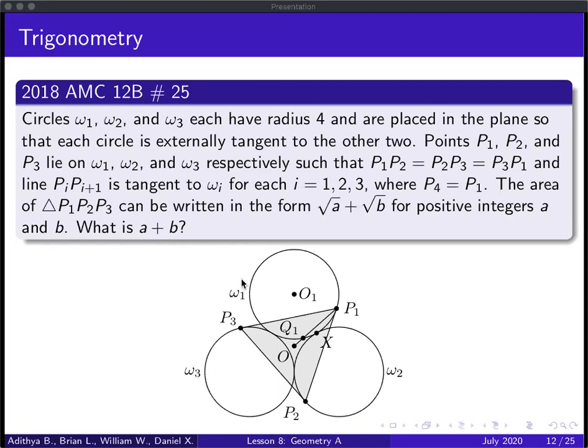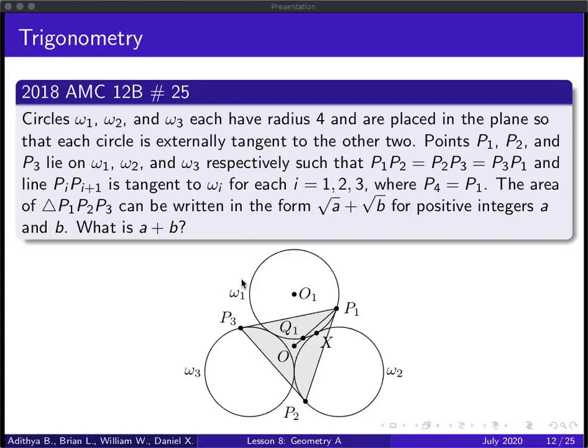Another way to think about it is that if we let the center of omega 2 be O2, then O1, O2, and X would be a straight line. And angle O1XO has to equal angle O2XO by symmetry, and both angles should add up to 180 degrees, so they both have to be 90-degree angles.